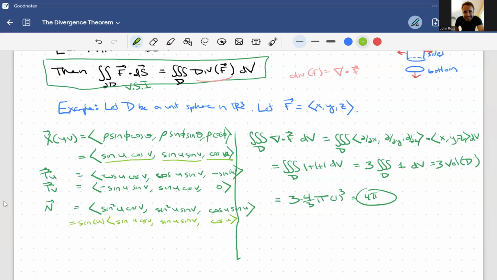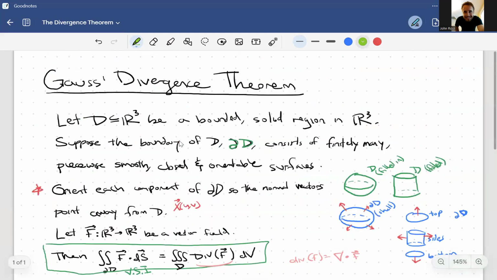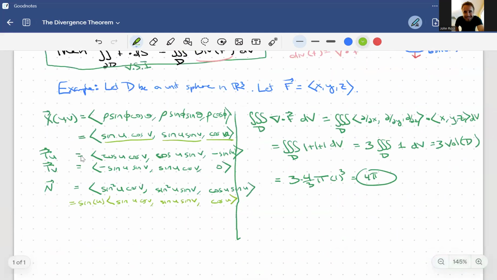So we can verify by choosing a point. I'm going to say u equals pi over 2 so that that sine of u becomes a 1. Nice and easy. And let's say v equals 0.